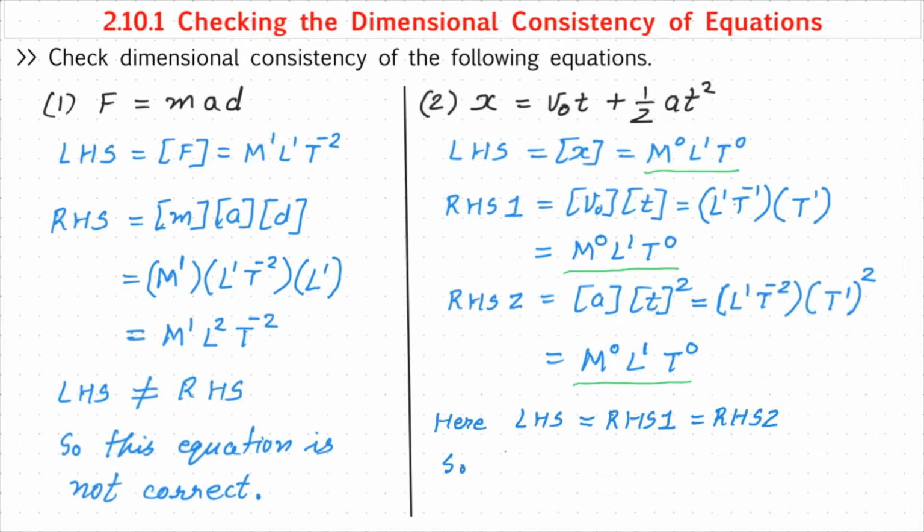So the equation is dimensionally correct. Here I have to mention that it is dimensionally correct, not correct as a whole, that we cannot say, but at least dimensionally this equation is correct.